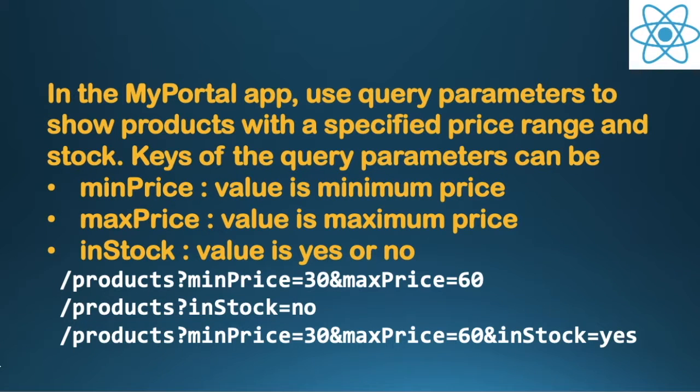What does the next exercise say? In the My Portal app, use query parameters to show products with a specified price range and stock.